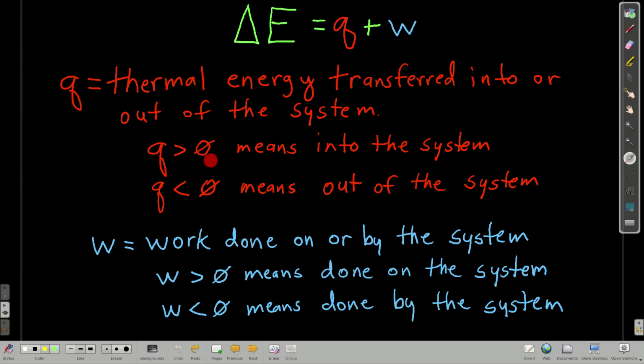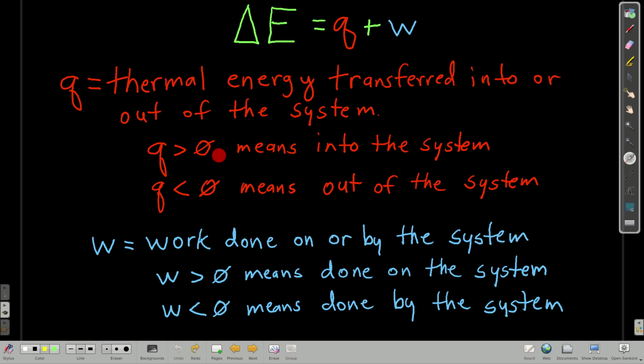If Q is positive, that means that thermal energy is going into the system. We say we're adding heat to it, or we're heating it up. If Q is negative, then the system is releasing thermal energy. From our point of view, if Q is negative, the system's losing energy, but to us it feels hot because we feel that energy coming out.